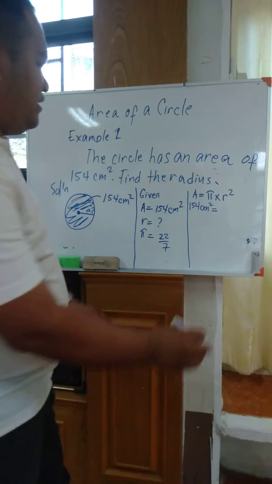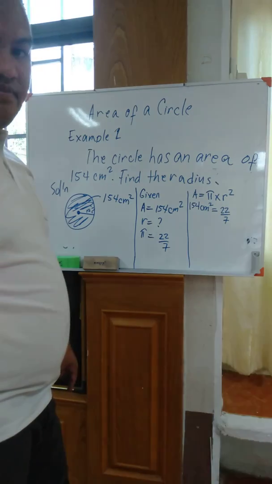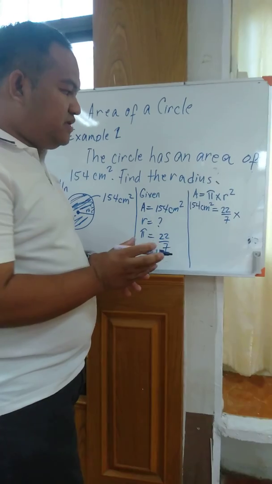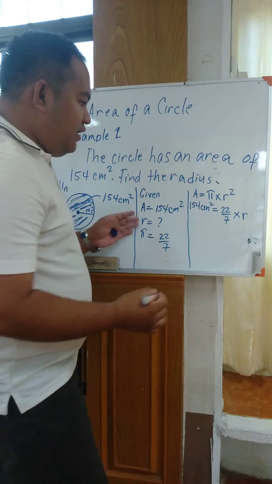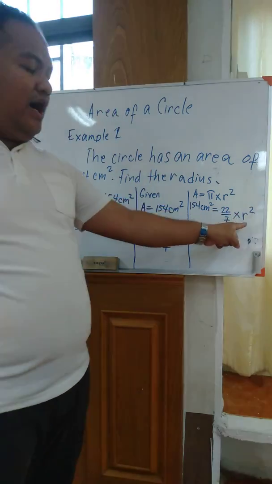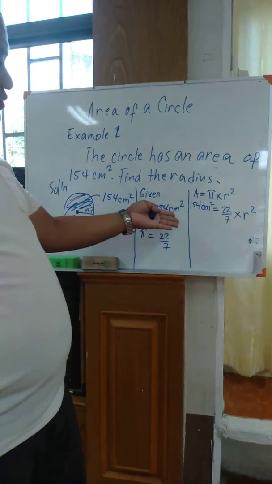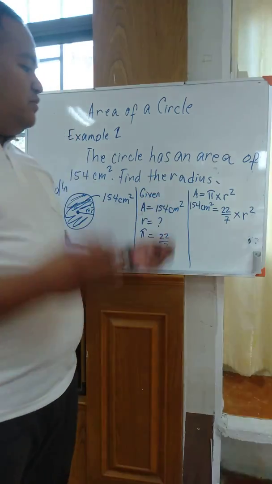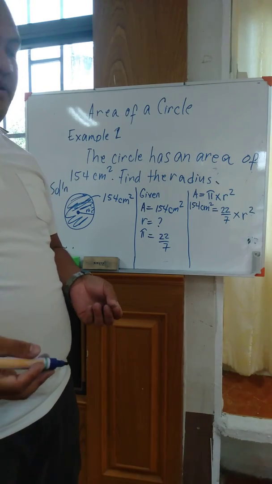So what is our pi? We can write 22 over 7, times, just follow the formula, don't be confused, and then r, since we don't have r, to the power of 2. So we simply write r because r is what we are looking for.